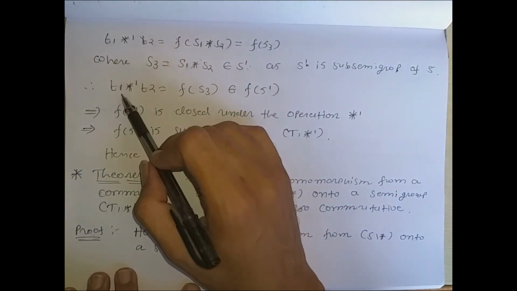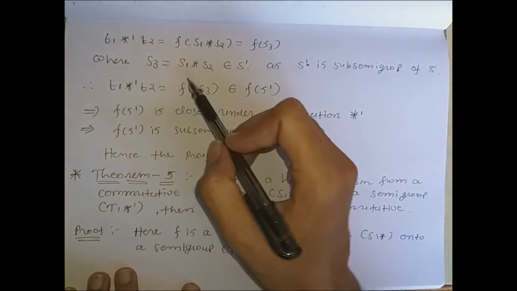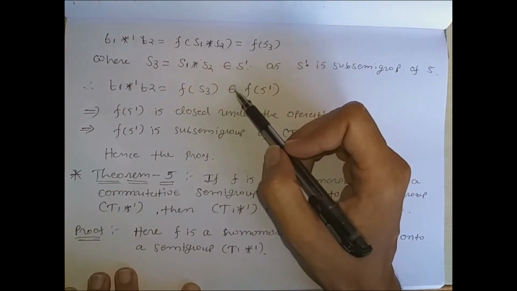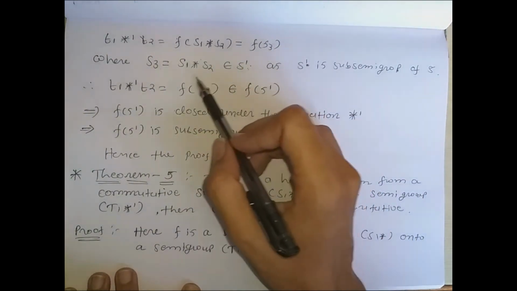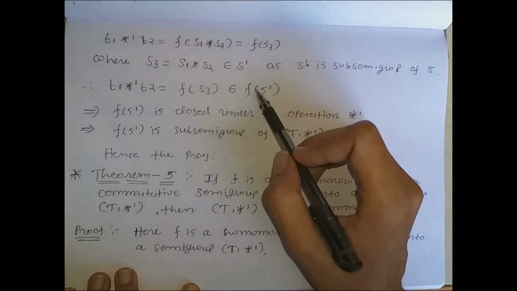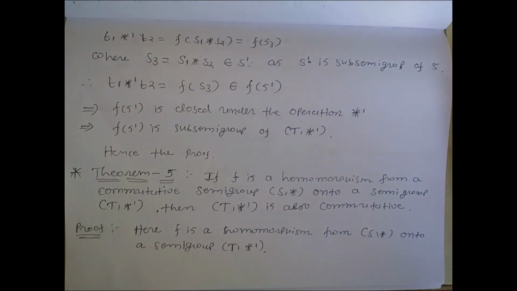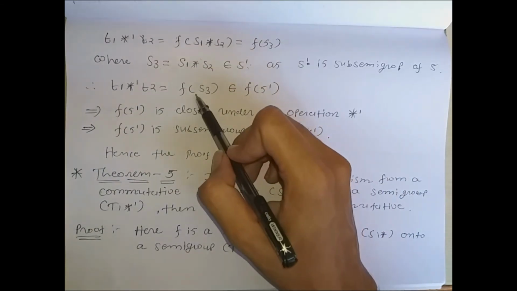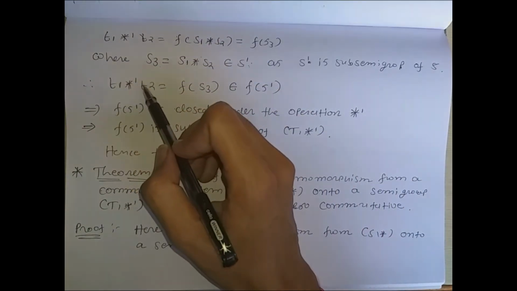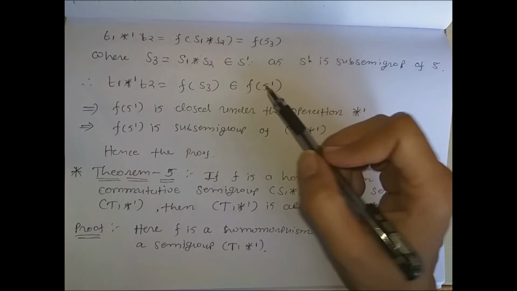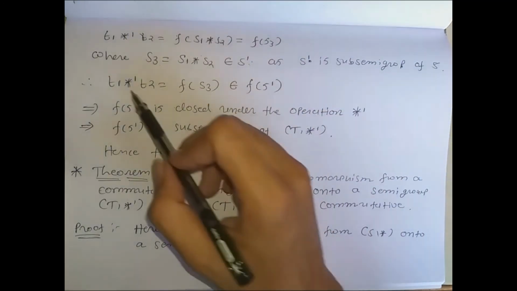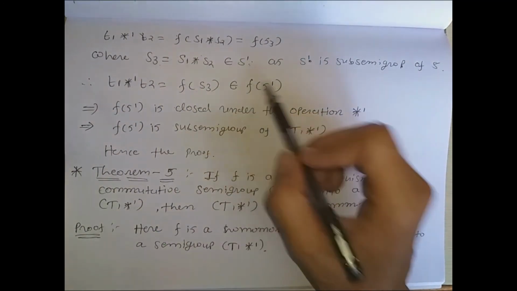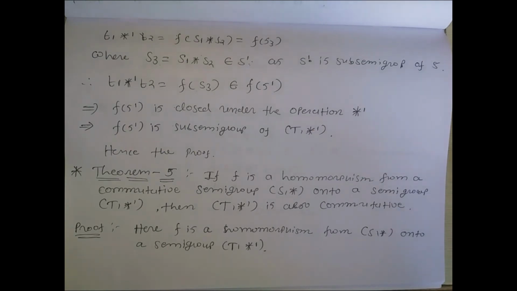So T1 star dash T2 is equal to f of S3. Now this is the form of the elements in f of S dash. So T1 star dash T2 is also an element of f of S dash.